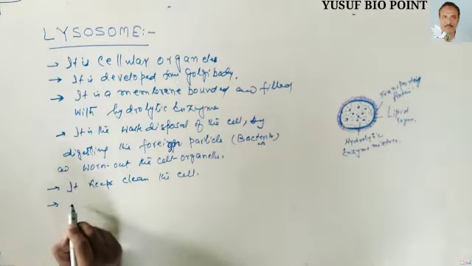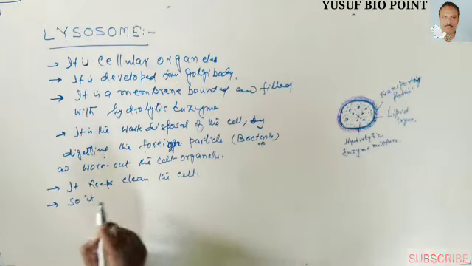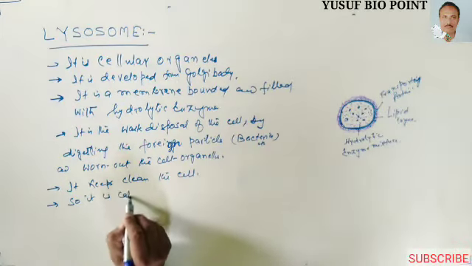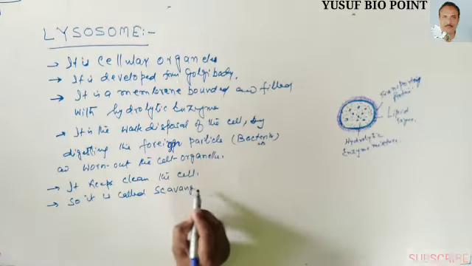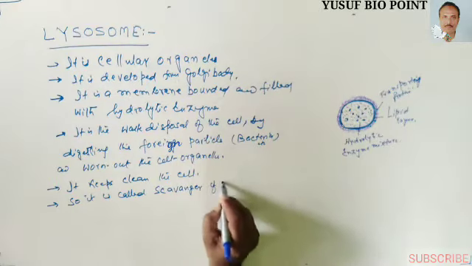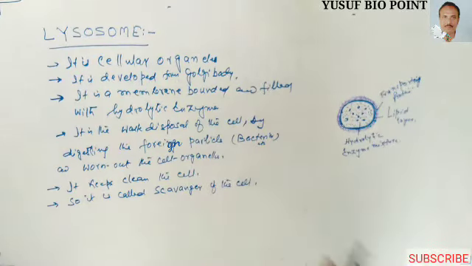So it is also called the scavenger of the cell. Means it is the cleaner of the cell. It keeps the cells clean, so we can say that it is a scavenger of the cell.